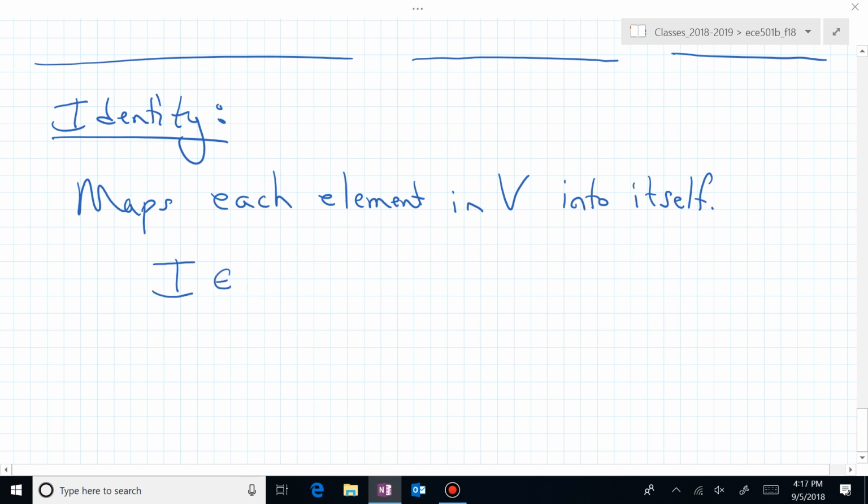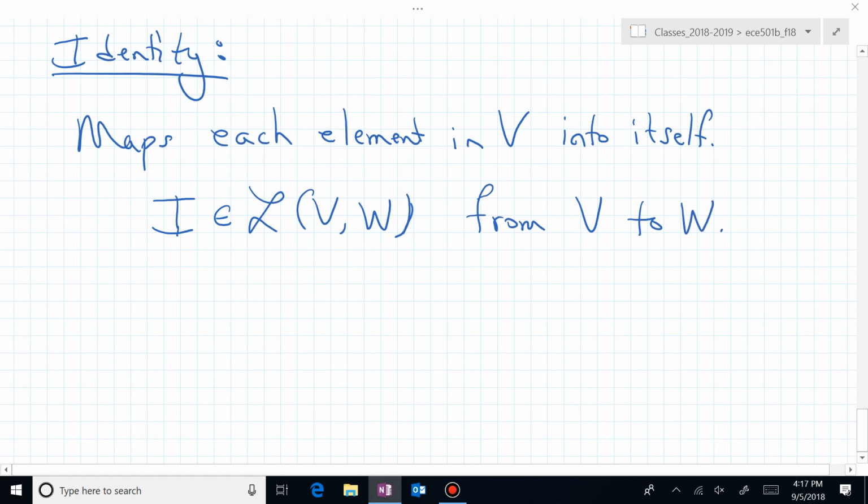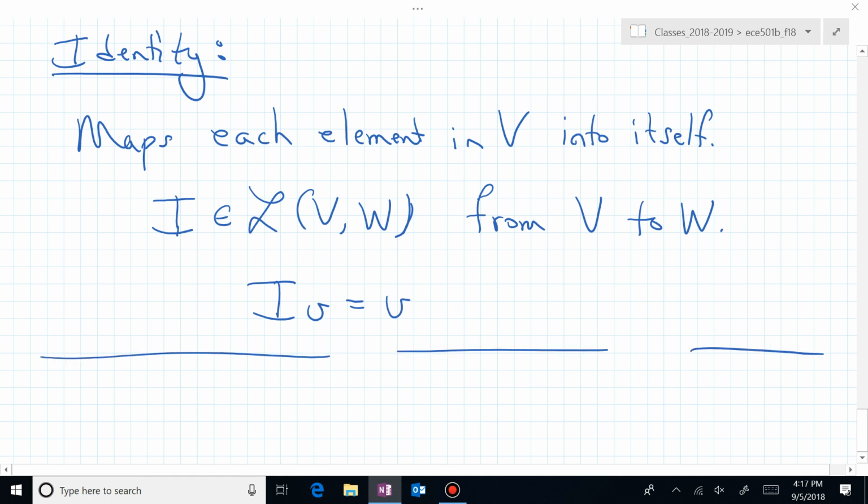So now if we have this identity map that belongs to this set of linear maps from V to W, then if we said IV, what's that going to produce? V. The identity map is a linear map.